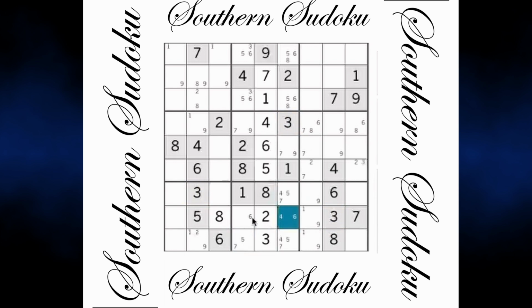Seven has to be in those 3, can't be in these 2. Pesky 9 could be anywhere.